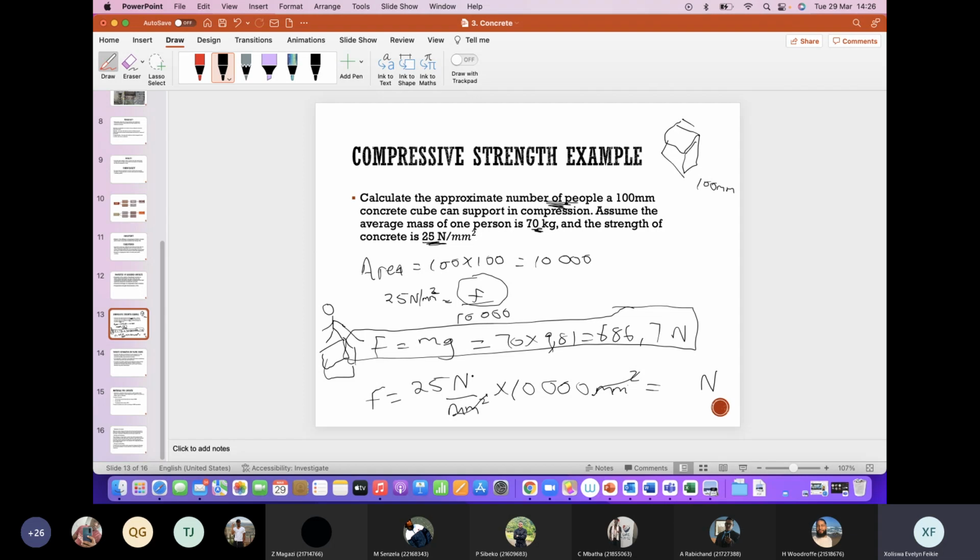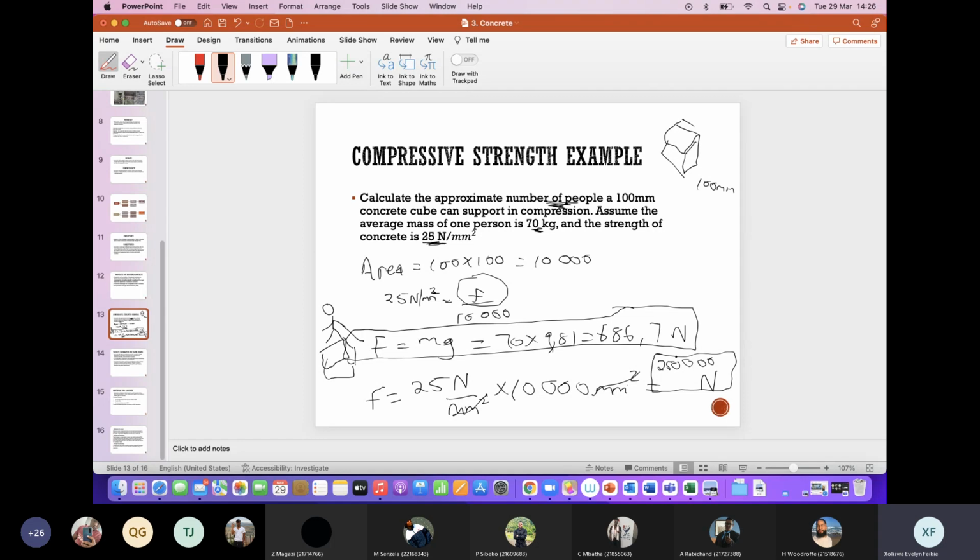So here you'll have your 250,000, it will be in newtons. So we already know that this is the total amount in terms of force that the cube can hold. And this is the force one person can exert on that particular cube.